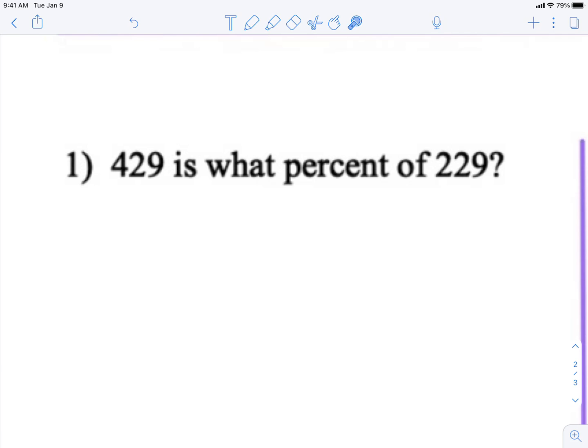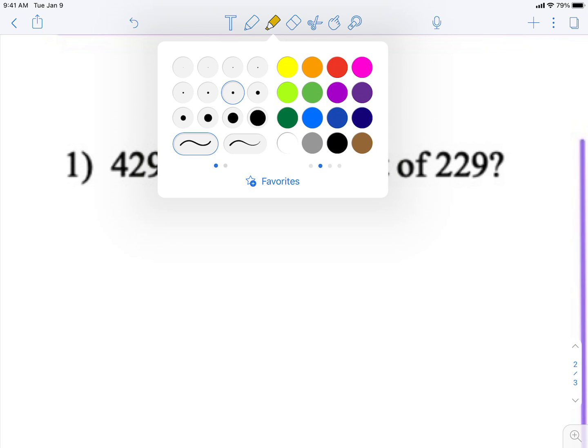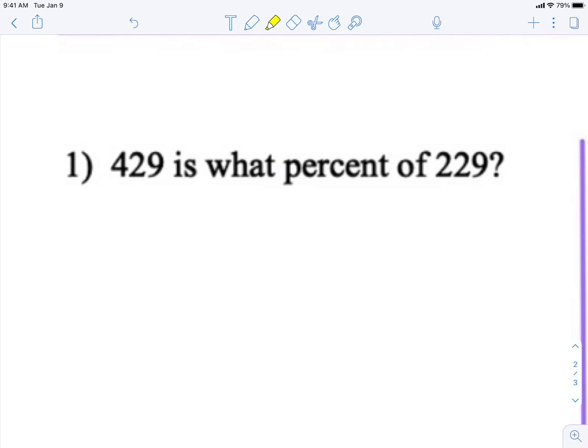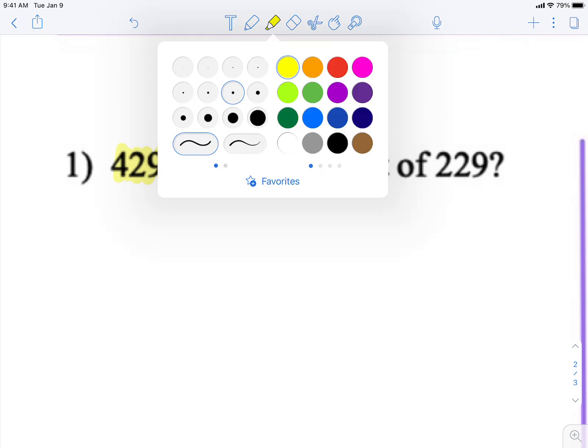So first, let's read the whole thing. 429 is what percent of 229? So let me show you here. Let's start identifying parts. 429 is.